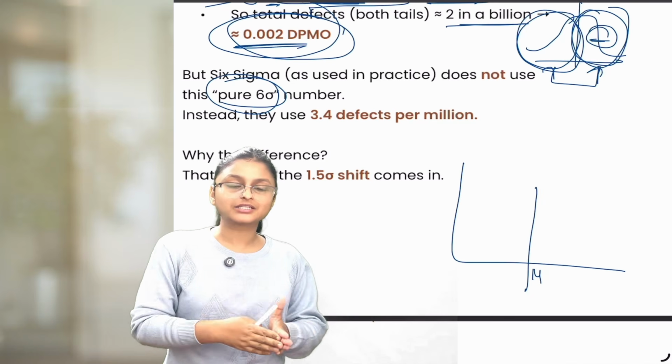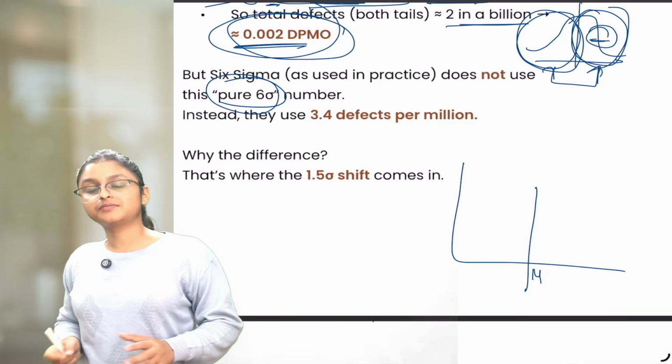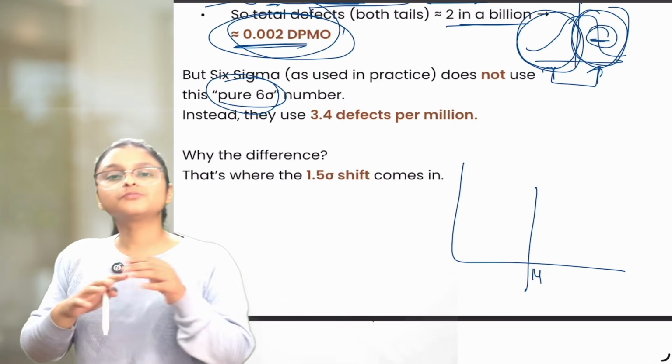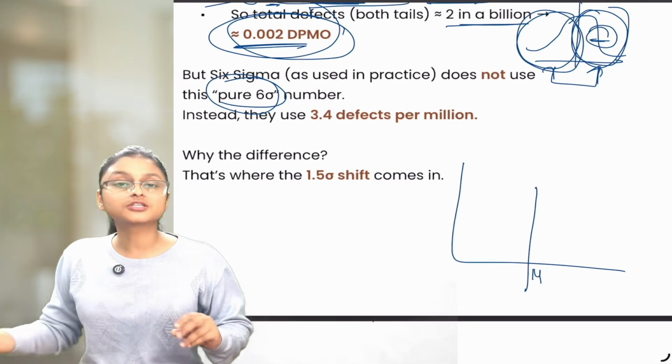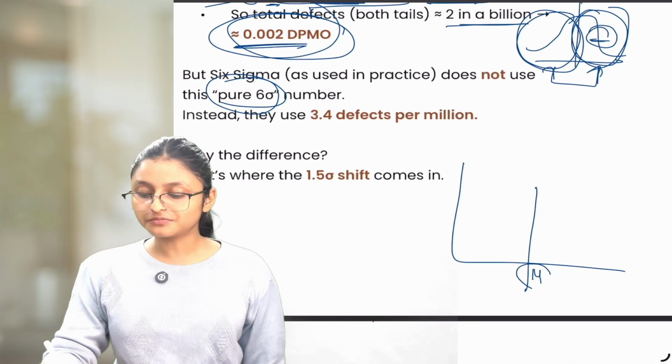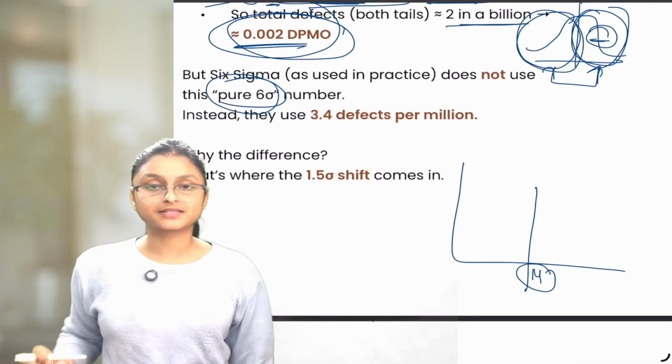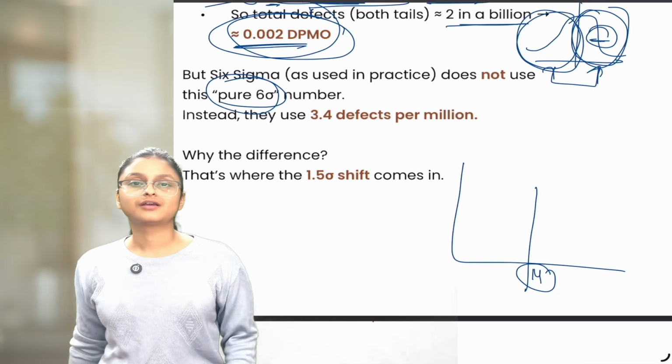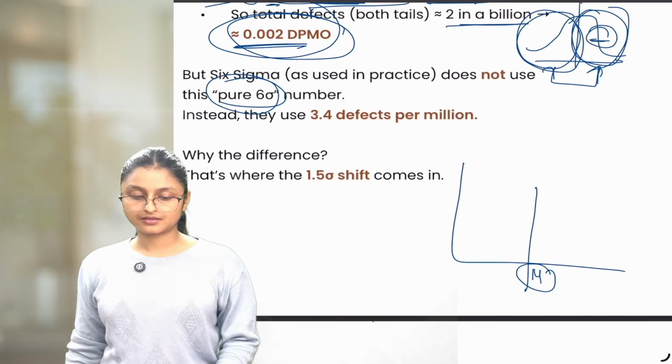As it is producing now, it will not be able to produce the exact same output later. And it happens in most organizations, most machines and tools. And that is why you will not be able to produce the mean exactly at the same place. This mean will shift.